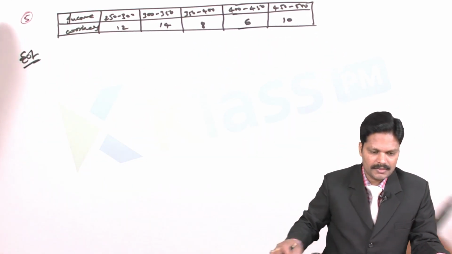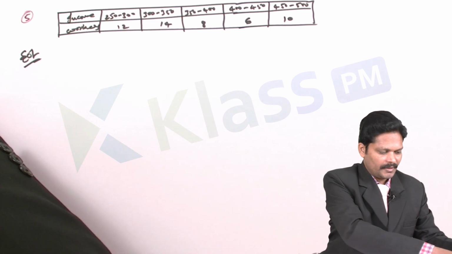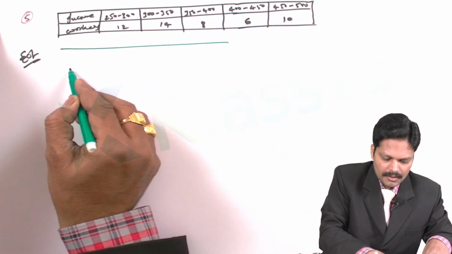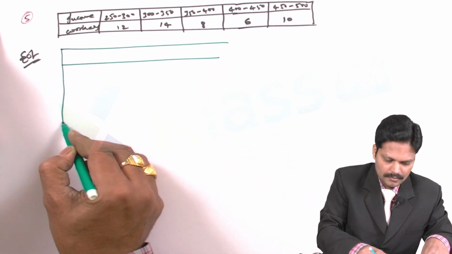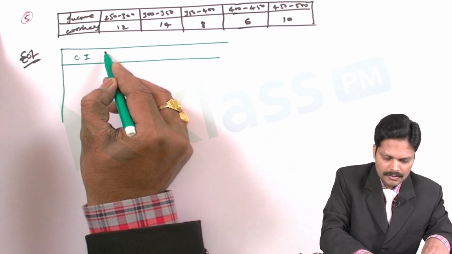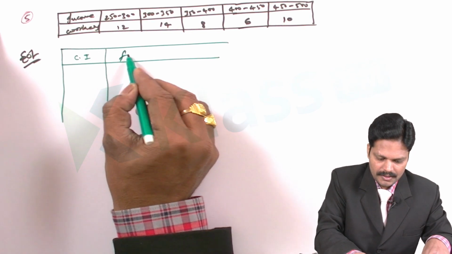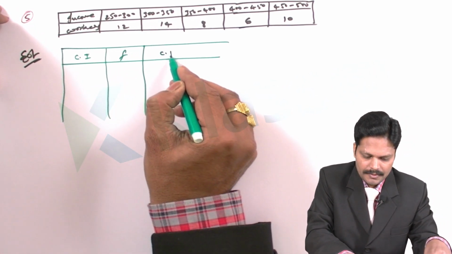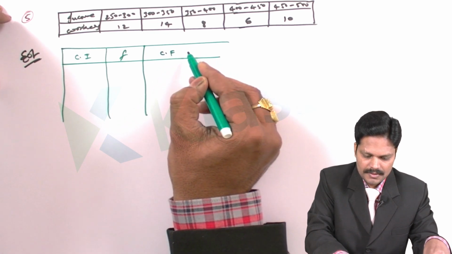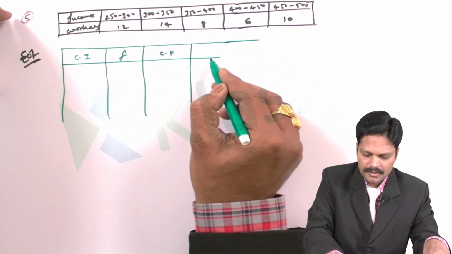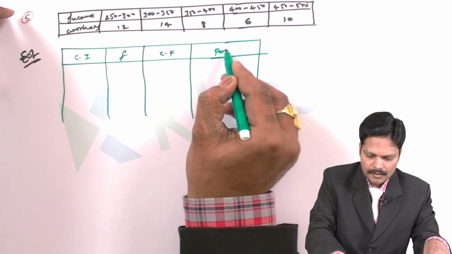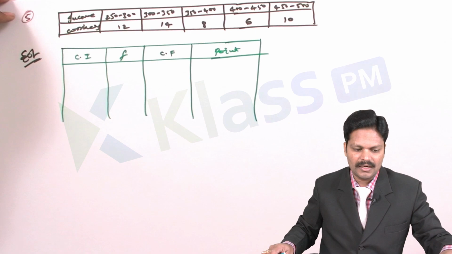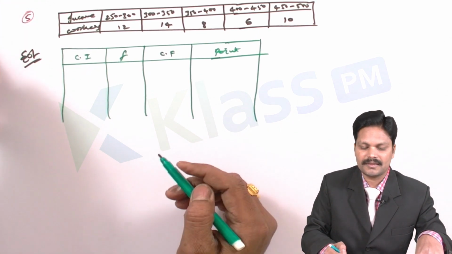So we need to arrange the data in a particular manner. I'm taking class intervals, and frequencies as workers, and we need to arrange cumulative frequencies, and take the points to represent in the graph. We are taking less than cumulative, so we need to change the data.